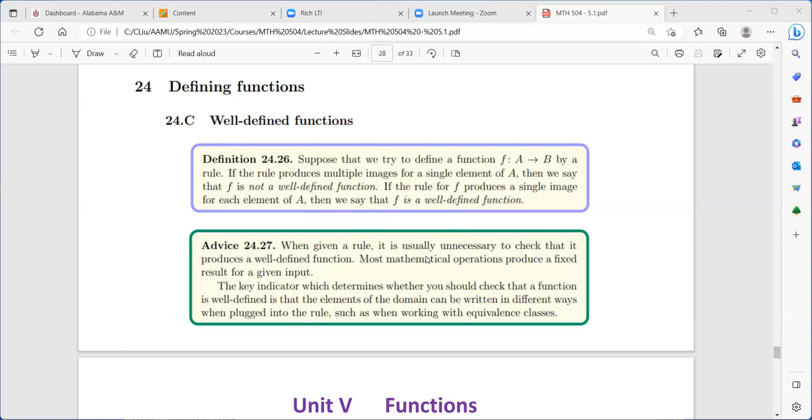But in some cases, if you don't do it correctly, you may define something not well-defined, and it will not be a function. Okay. So let's just do some more examples.